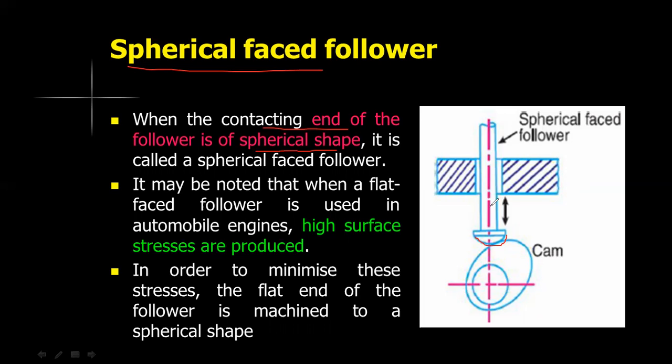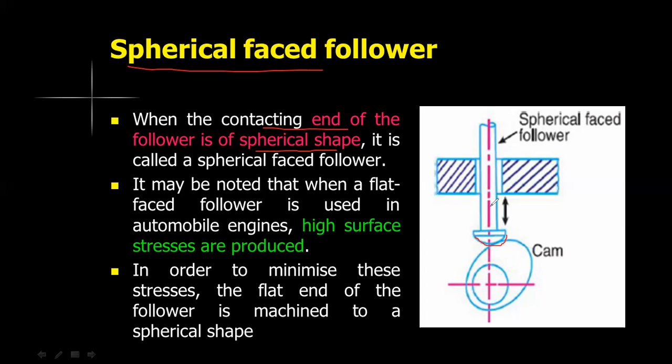Then we went to a flat faced or mushroom follower, where the side thrust is completely eliminated. There is no side thrust in a flat faced follower. But another problem came, that is the high surface stress. That is reduced by the spherical shape of the follower.